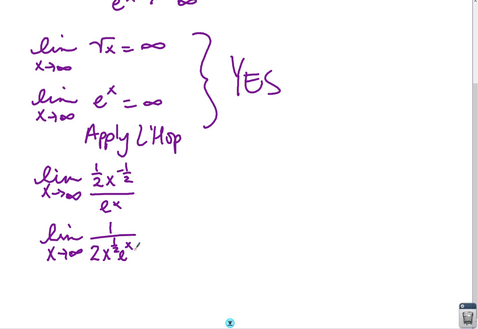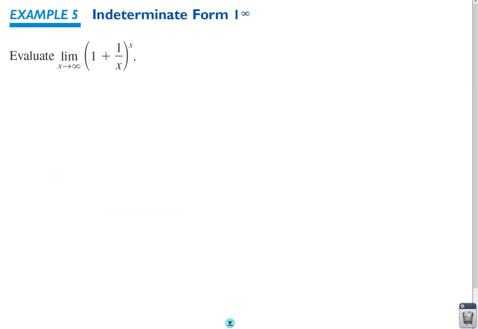Now everything's nice and tucked away in the denominator, which is even better because then I have 1/2 times infinity. Essentially this just becomes 0. Okay, so infinity times 0 or 0 times infinity, we had to rewrite it in form of a quotient so that way we could use L'Hopital's, but then once we got that, we can just apply L'Hopital's and we're good to go.